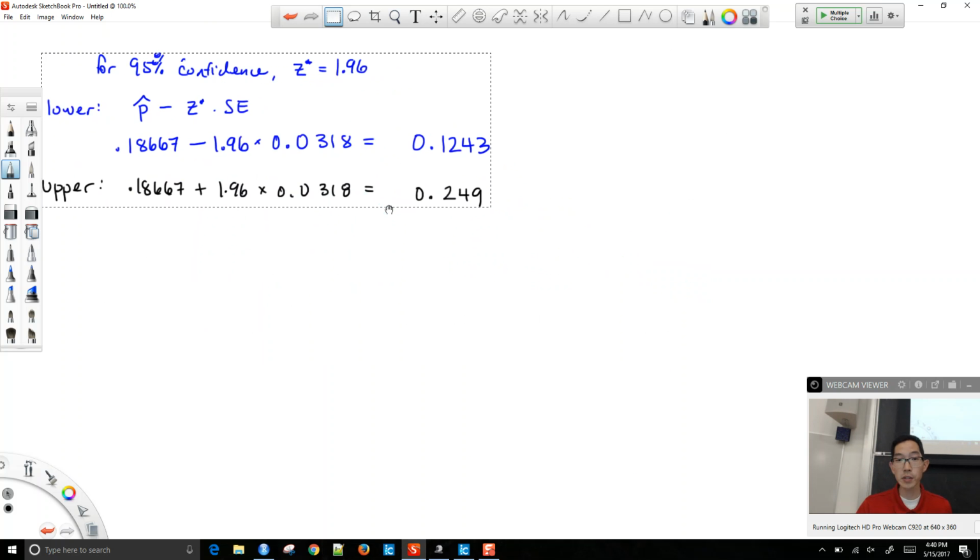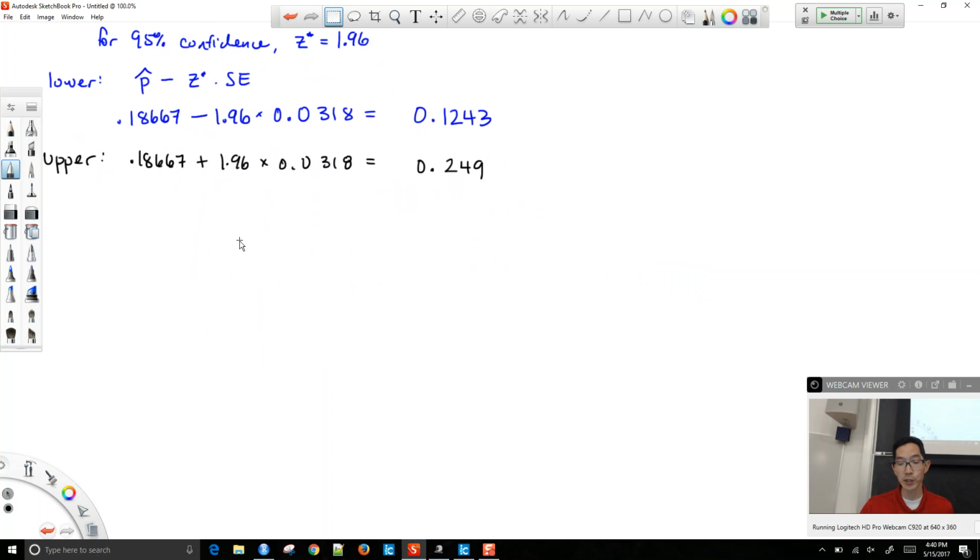I think this is the important part for a confidence interval, being able to properly interpret it.